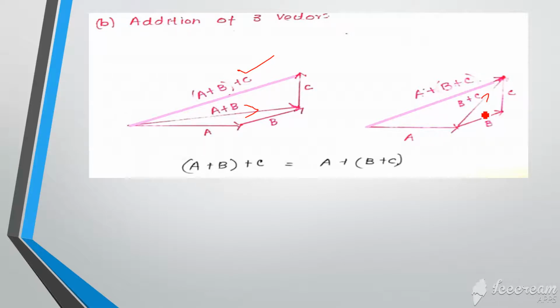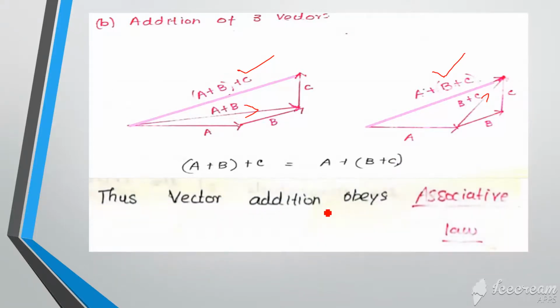Then A is added with B plus C. Finally we get the result as A plus B plus C. So A plus B plus C is equal to A plus B plus C. Vector addition obeys the associative law.